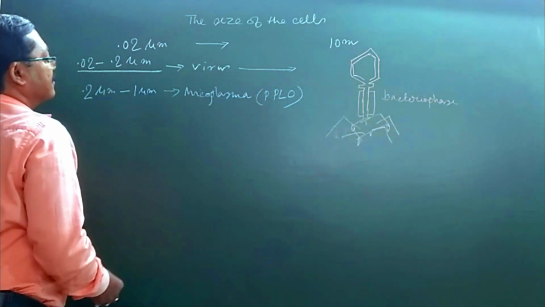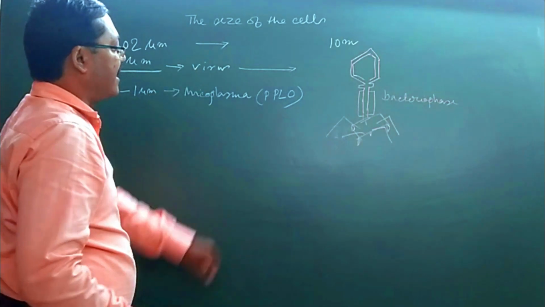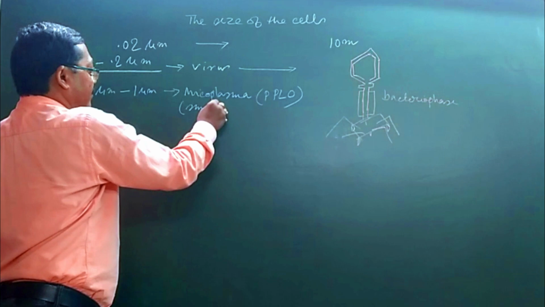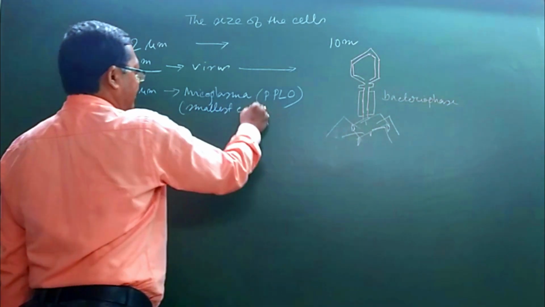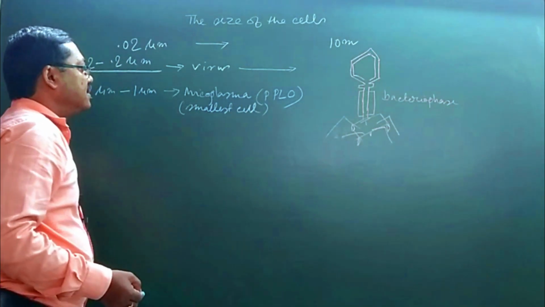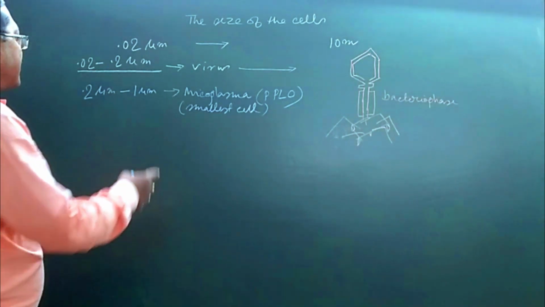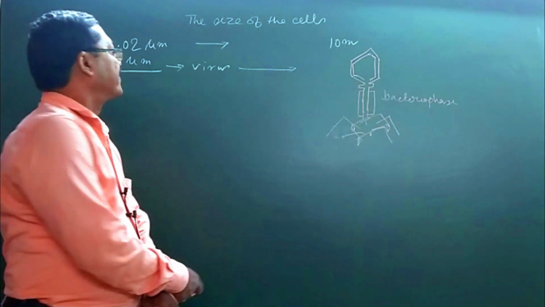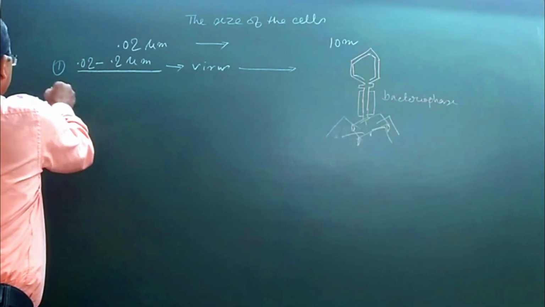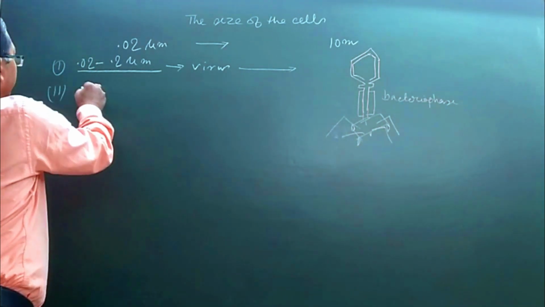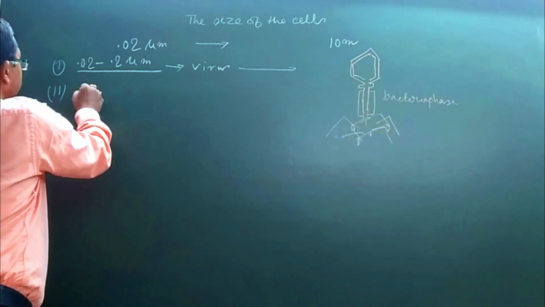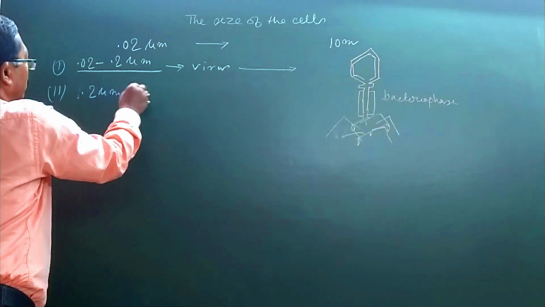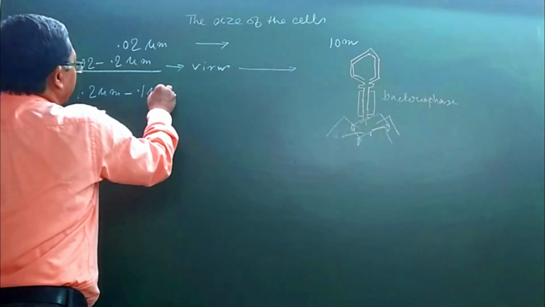Greater in size than virus, but it is the smallest cell. Then we consider the second organism, that is the mycoplasma.